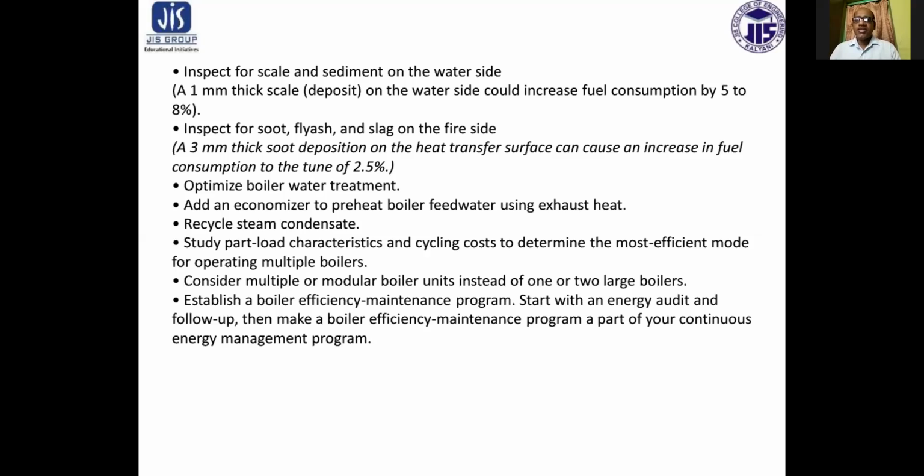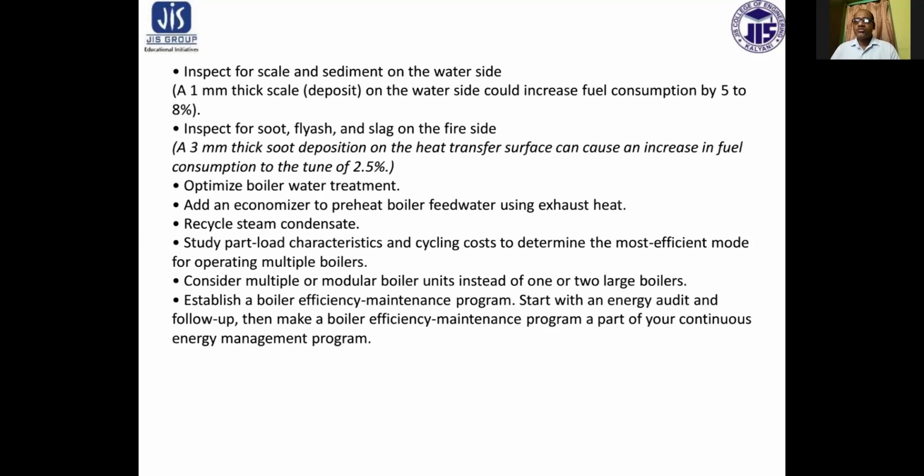Some other areas that we need to take care of carefully. That is, inspect for scale and sediment on the water side. So in the boiler, due to the sedimentation, continuous blowdown is required.